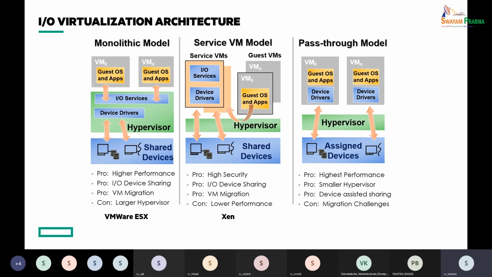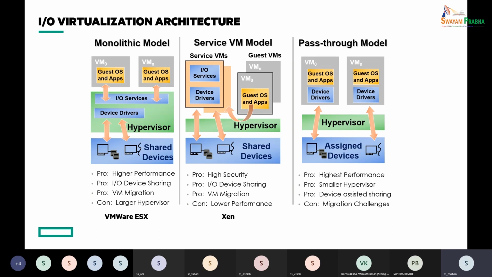It maintains all the drivers as it does normally, like a Linux operating system, and then the VMM runs within the Linux operating system, and it's a kernel module which talks to these devices. So that's the third model which is not shown in this diagram, and it's also a pretty popular one, especially with KVM and QEMU, and we'll see some of that in the demo also, I think.